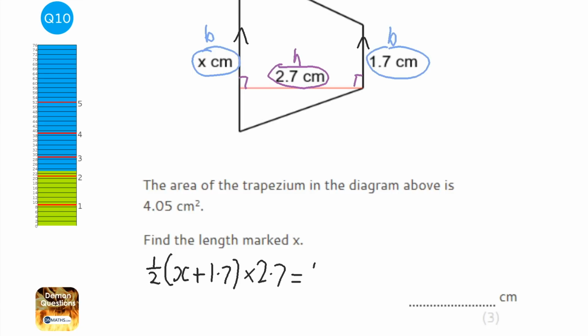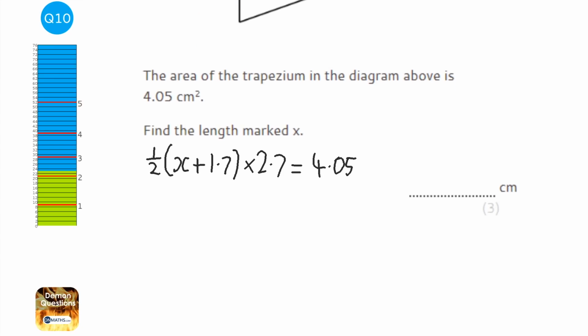Now we're told what the area is. It says the area is 4.05. So this becomes a solving question. So I'm going to put my lines down on the equals. Now on the left hand side, let's have a think what I can do. Well, I can expand that bracket.